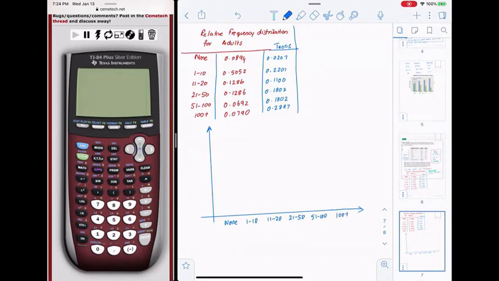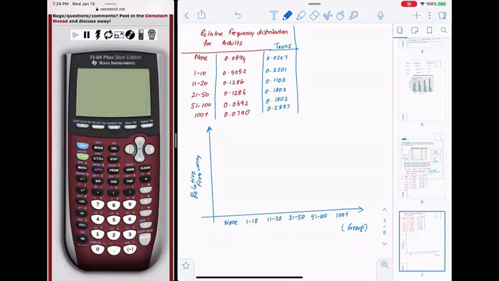And the y-axis is the relative frequency. The highest value is about 0.5052. In other words, it's about 50%.